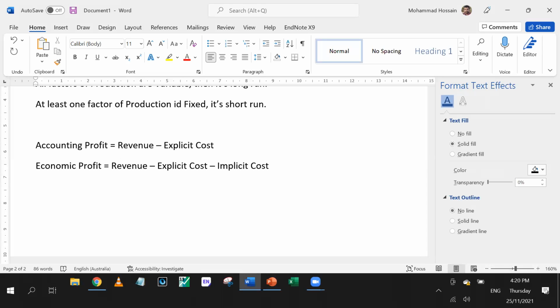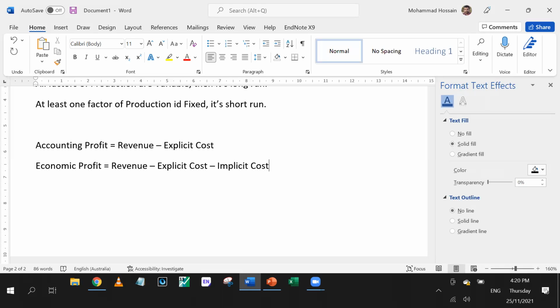Explicit cost is very simple. All the costs you pay to run the business, that's explicit cost. All the costs that you have within the business will be known as explicit cost. Okay. So what is implicit cost? Implicit costs are those costs that you do not pay directly. You will be paying indirectly, right? So what do we mean by paying indirectly?